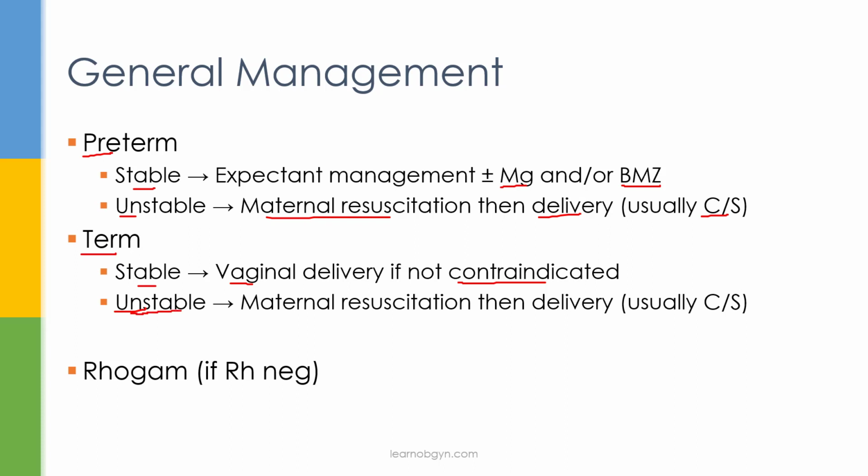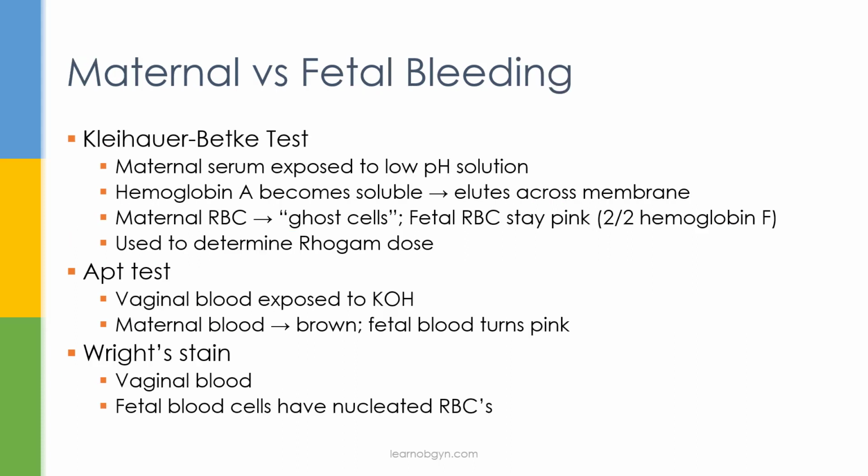If mom or fetus is unstable, even if they're term, it's always resuscitation of mom first, then delivery. And keep in mind, if the patient is Rh negative, then you should give them a dose of Rhogam to prevent Rh alloimmunization.